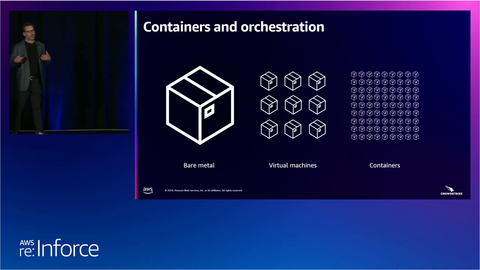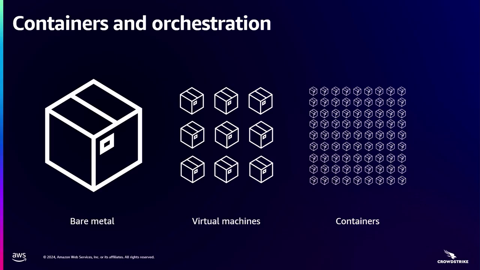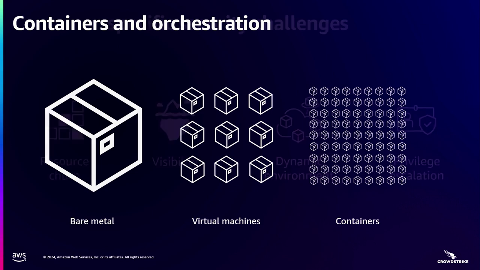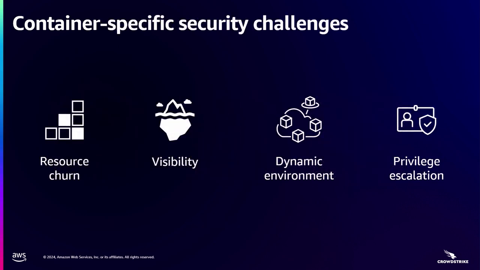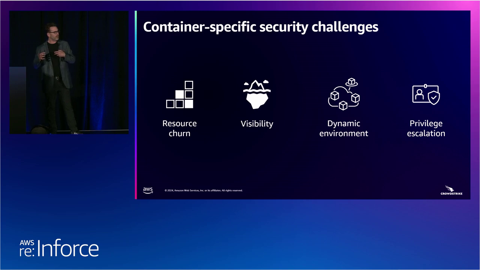But then when you think about containers, you're talking about a whole new level of scale. And operating at that level, there are specific challenges that have to be addressed in order to be able to detect and respond to these sophisticated, fast attacks.